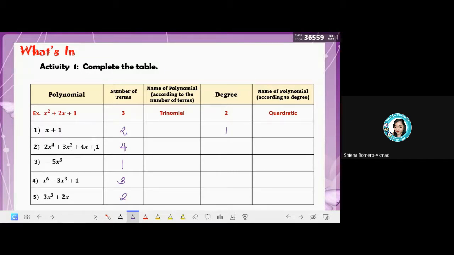Dito? Bakit 7? Arcelia? 4. 4. Number 3, Bernal. Sige, bawi ka, Bernal.